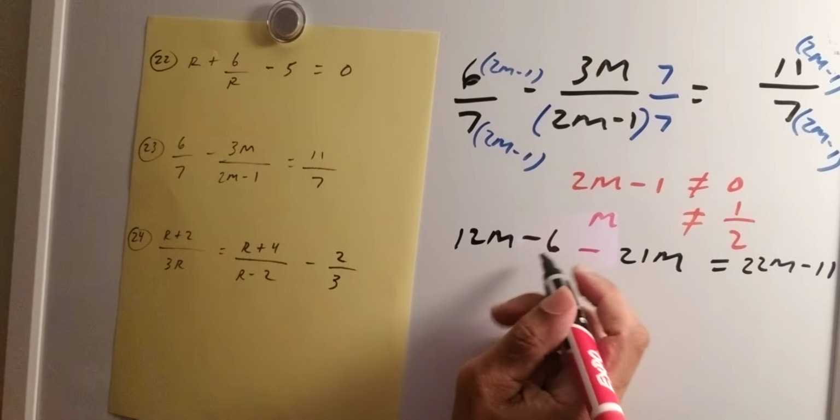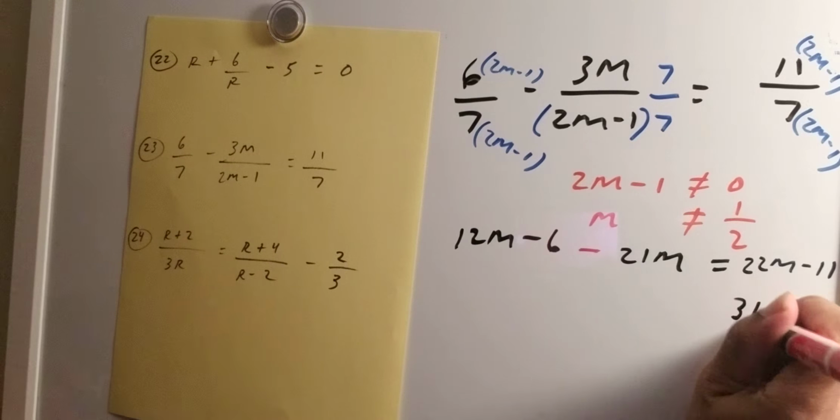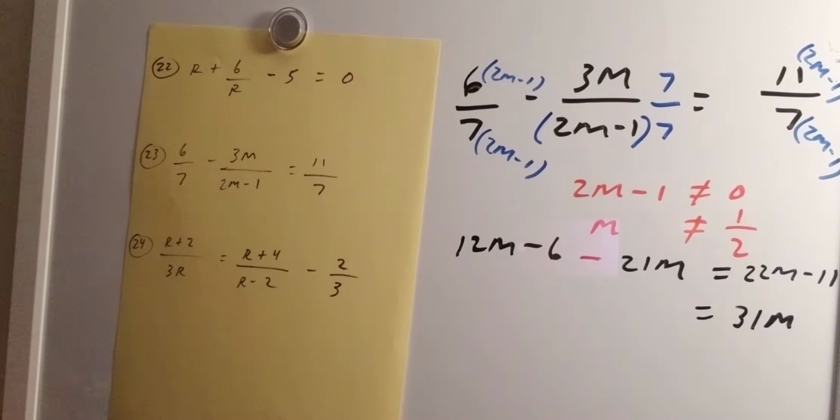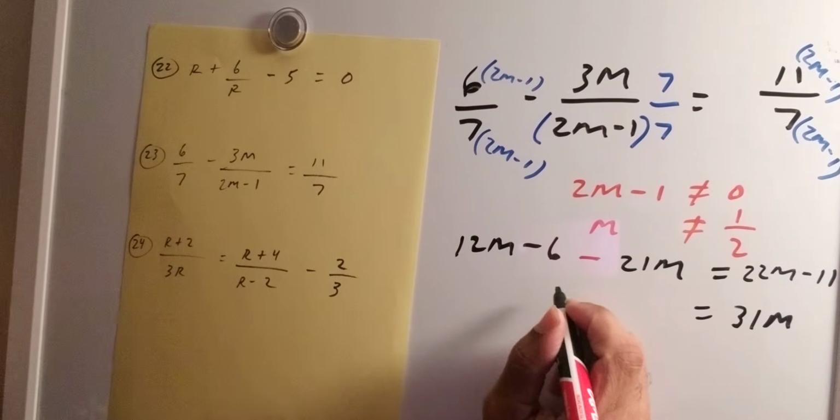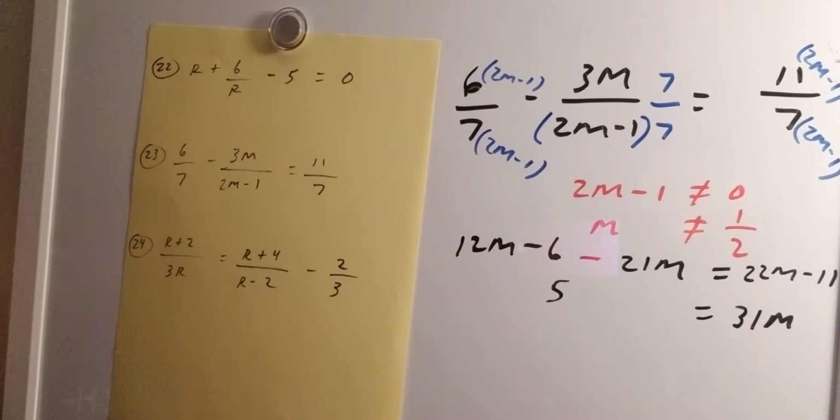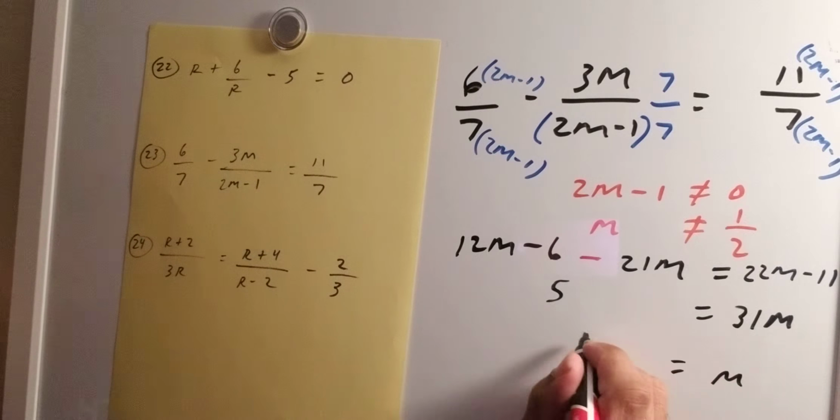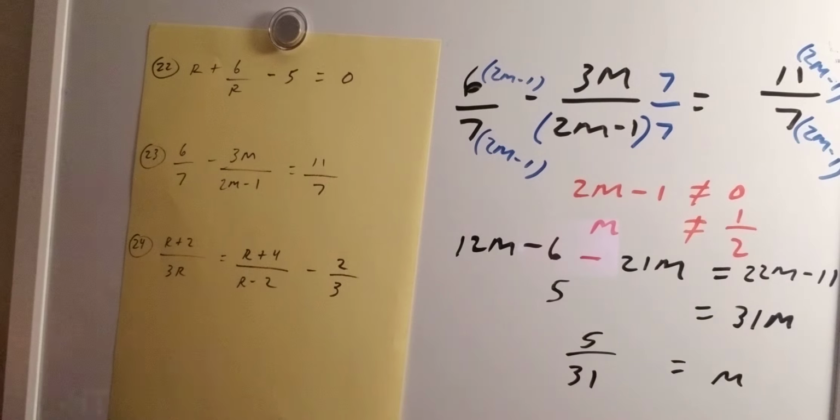This side we have a negative 9m. When we add 9m, that will bring us to 31m. When we add 11, that will equal 5. So m equals 5 over 31.